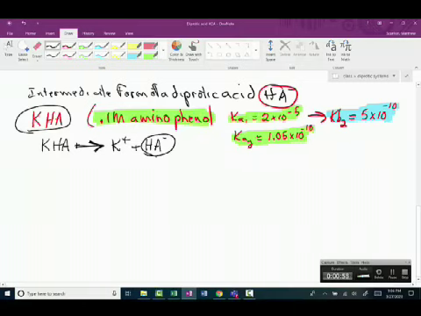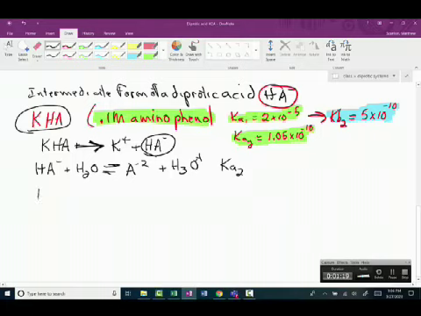HA minus then goes on to react with water to give us two products. Let's do A minus 2 plus H3O plus, and that'll be Ka2.